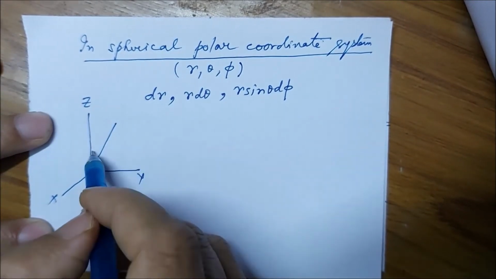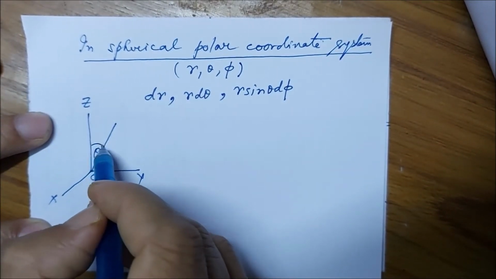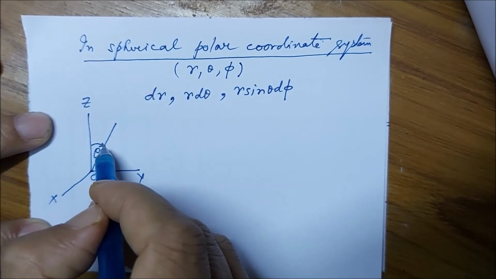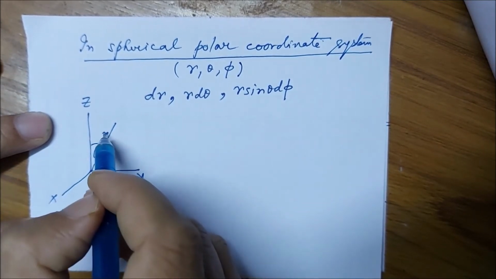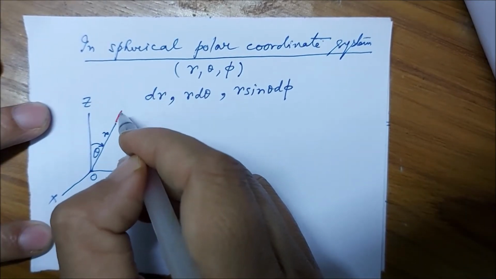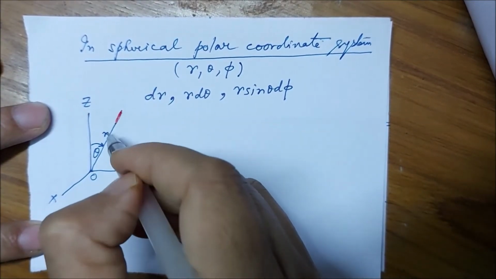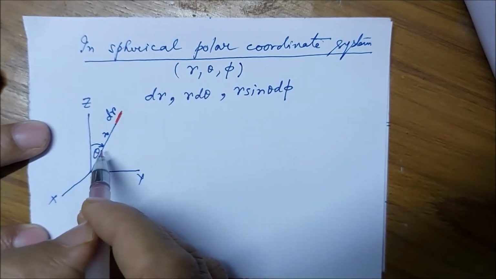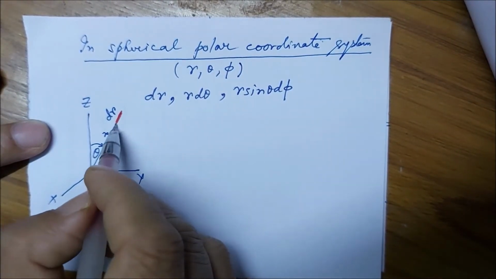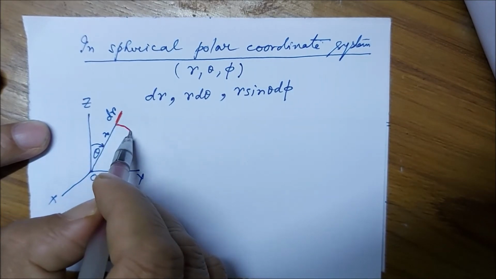This is r, this is theta, so this is dr, a small increment in r, and suppose theta increments by an amount d theta, so an arc is traced.